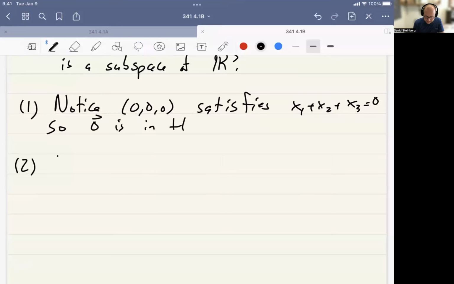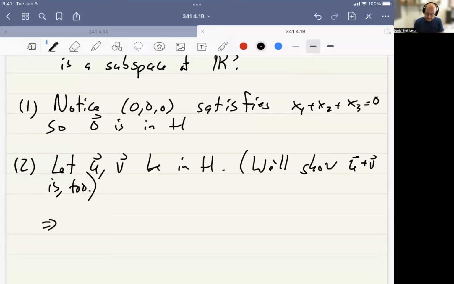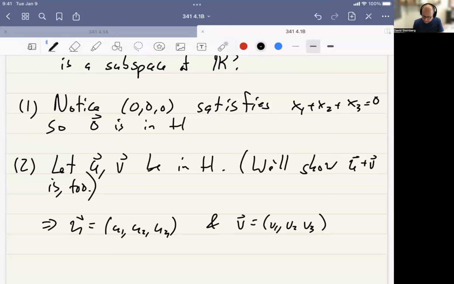Okay, so let's let u and v be in H, and then we'll show u plus v is too. If u and v are in H, this means u is equal to u1, u2, u3, and v is equal to v1, v2, v3.